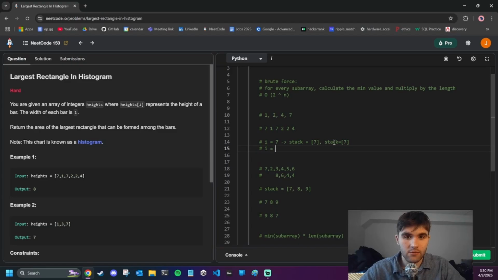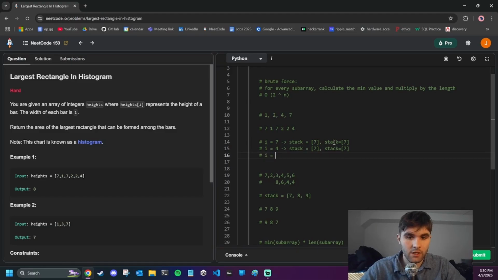Then for I equals 4, our possible rectangles with height 4 are, again, 7 and 7. Now for height 2, we can make something of height 2 at just 7. And then for the next stack, we would do 7, 2, 2, 4.